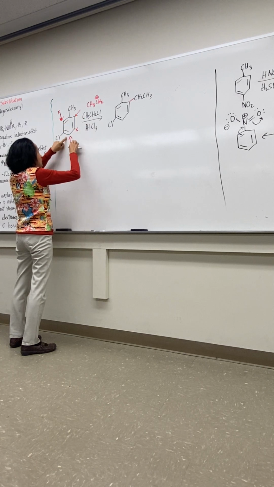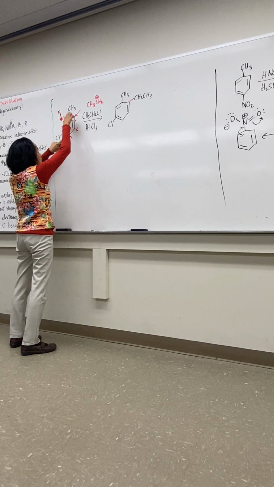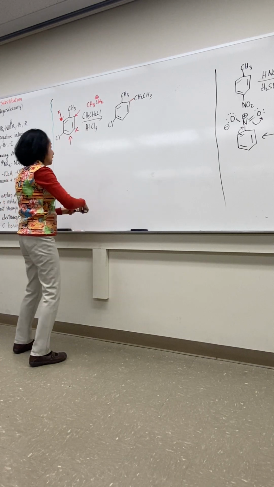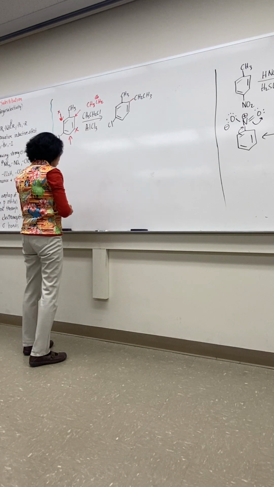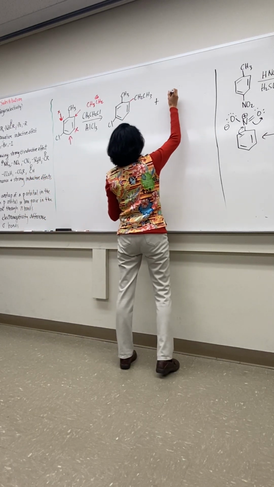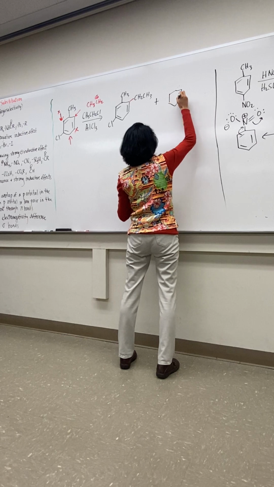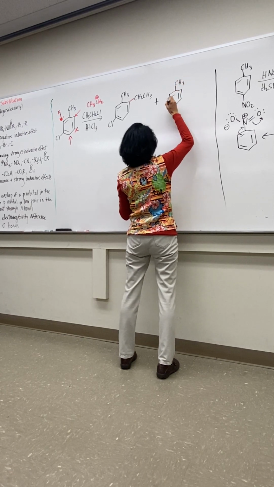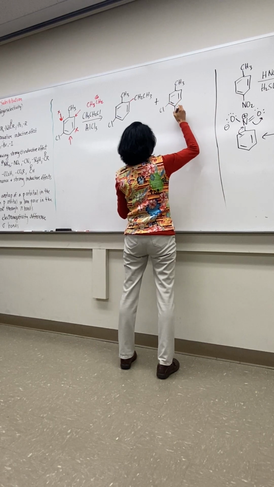This one is para to that one, ortho to this. But this one is meta to both, so it's not going to go here. I can attach it here and get another product, which is going to be this: CH3, Cl, CH2CH3.